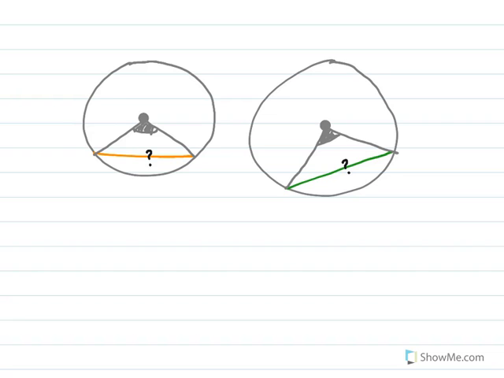But since these were congruent circles, all these radii were equal. This radius equal to this. That is the definition of congruent circles, equal radii. And then the central angle also was equal, which was given to us. So by SAS test, the triangles were congruent.